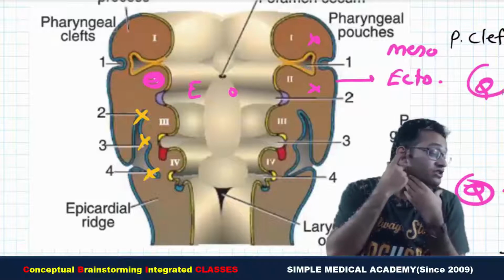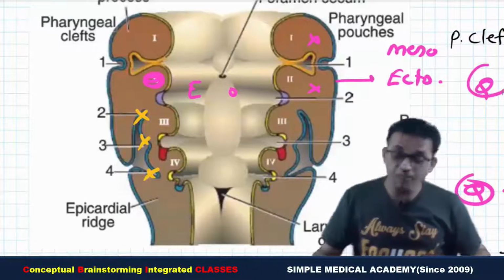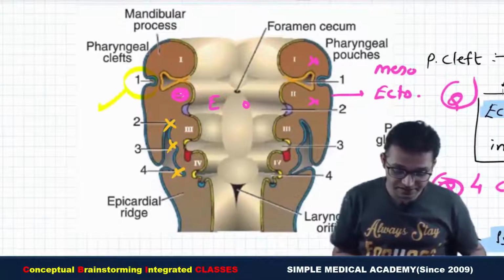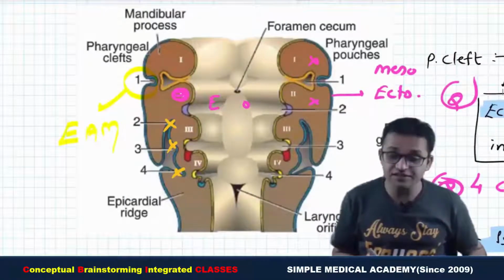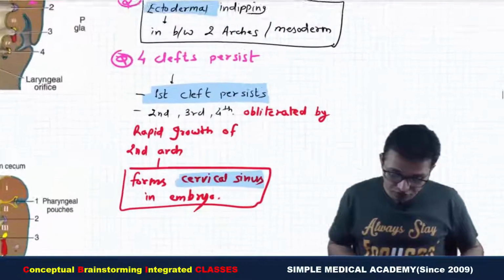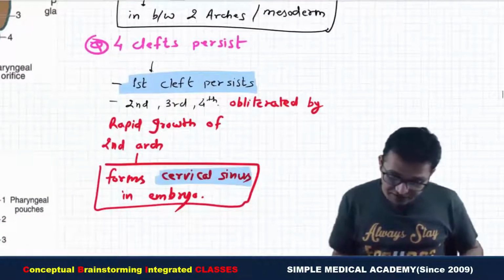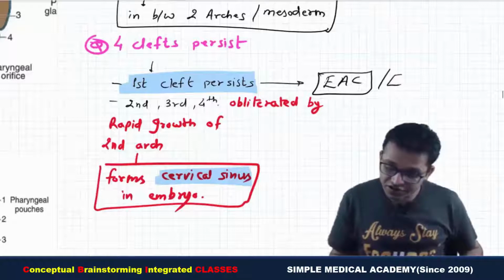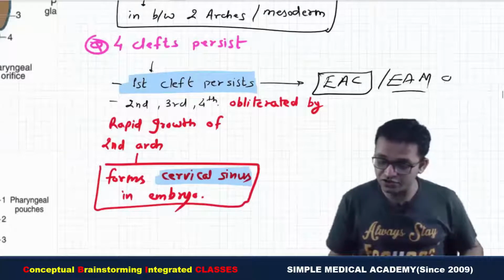The external acoustic meatus is formed by the first cleft; the rest of the clefts disappear. So prepare your notes: the first cleft persists, which forms the external auditory canal, or external auditory meatus. So this is your MCQ.